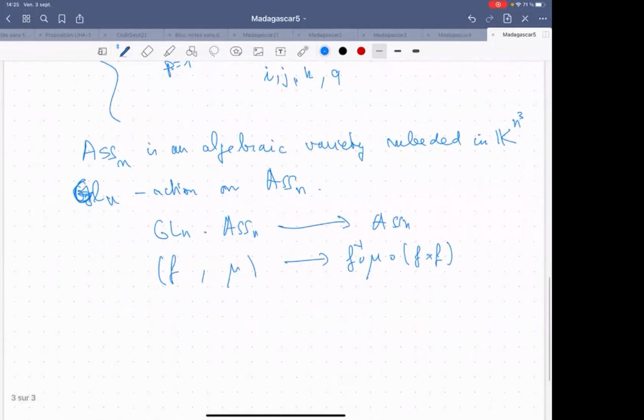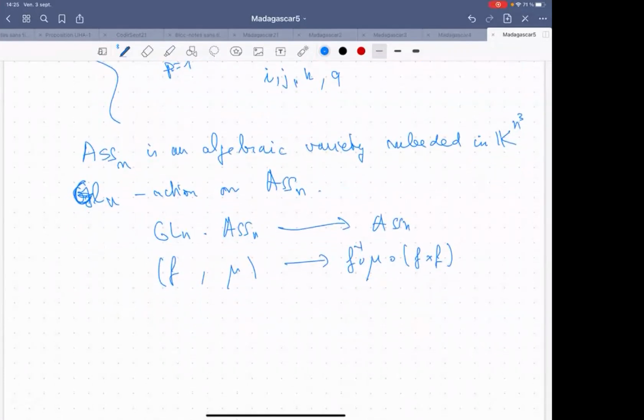Now I have a fibration, and I could talk about orbits. Each element in this As_n has an orbit. What is the orbit of mu?